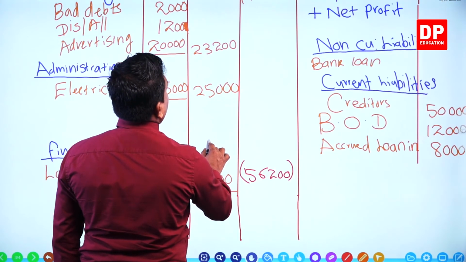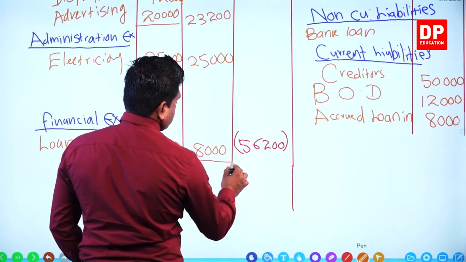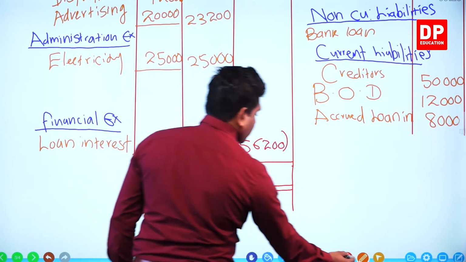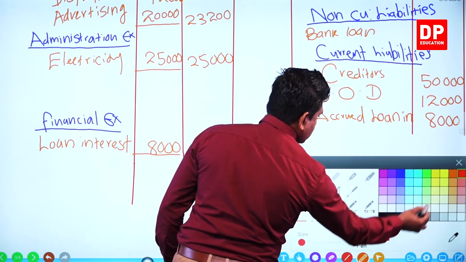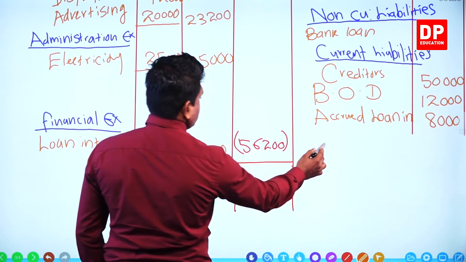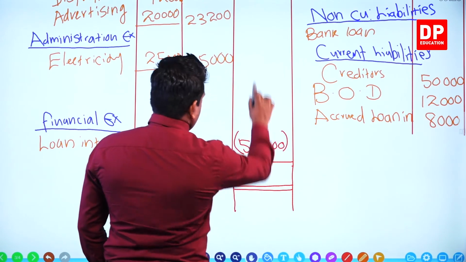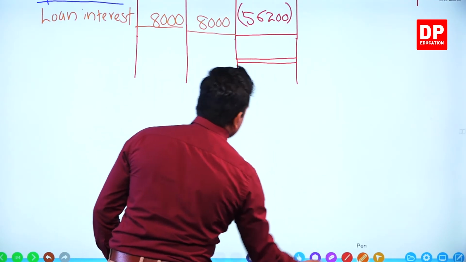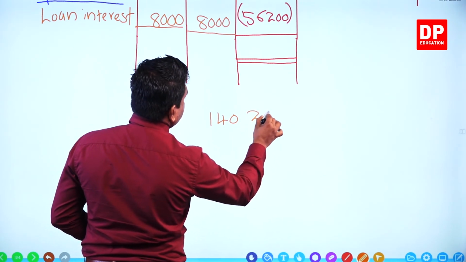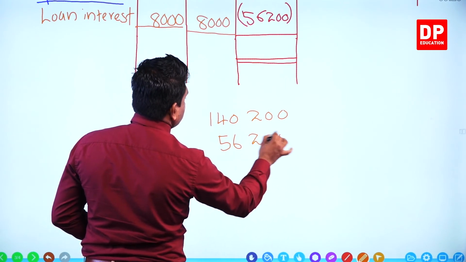Then you can see 140,200. Then 56,200. See the value.